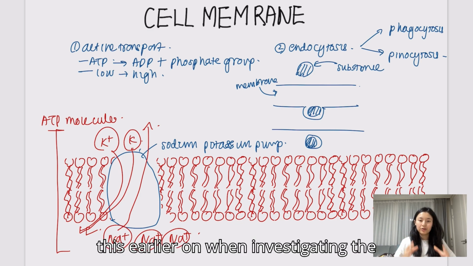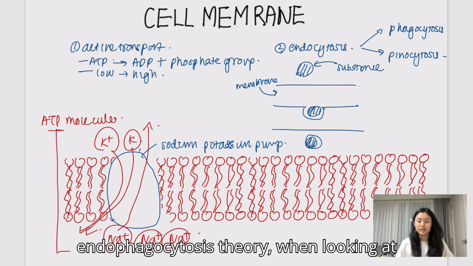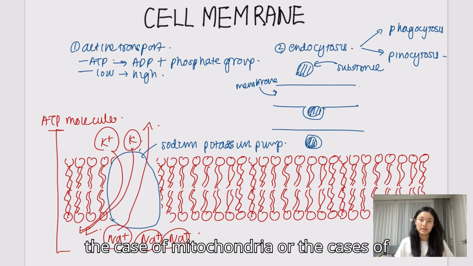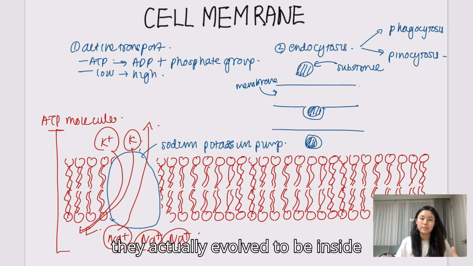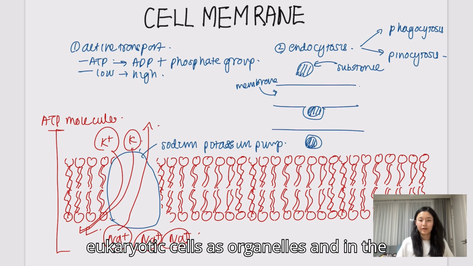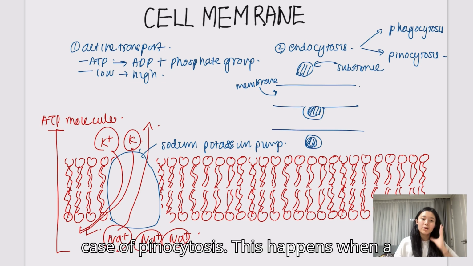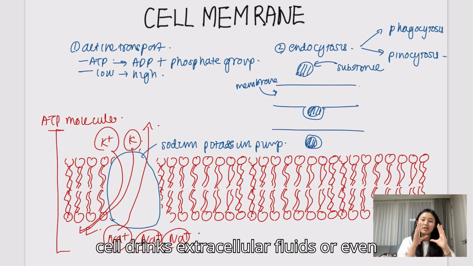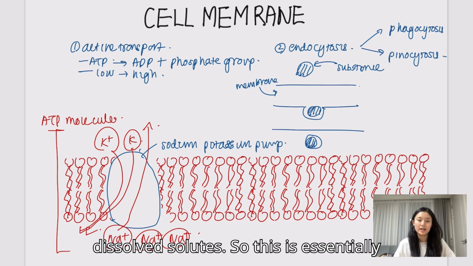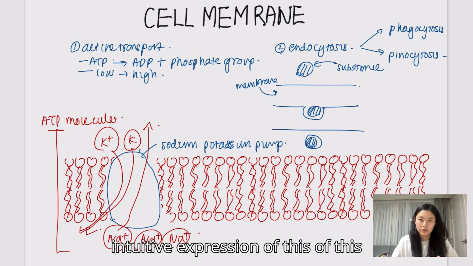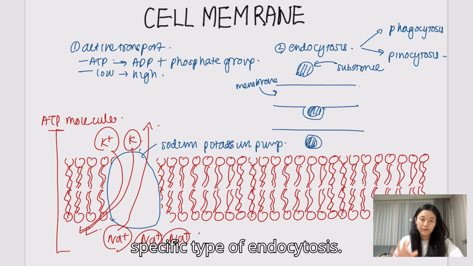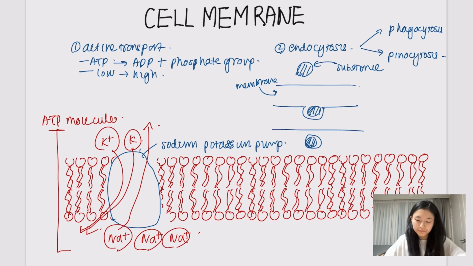And we looked at this earlier on when investigating the endophagocytosis theory, when looking at the case of mitochondria, or the cases of endosymbiosis and chloroplasts, and how they actually evolved to be inside eukaryotic cells as organelles. And in the case of pinocytosis, this happens when a cell drinks extracellular fluids or even dissolved solutes. So this is essentially liquid endocytosis. I guess that's a more intuitive expression of this specific type of endocytosis.